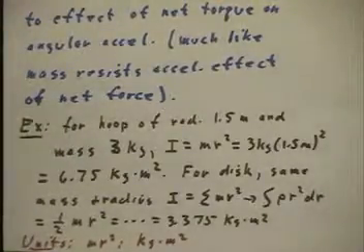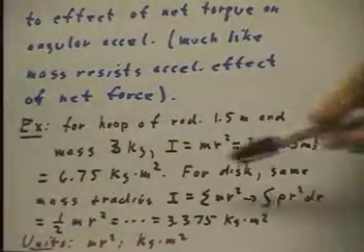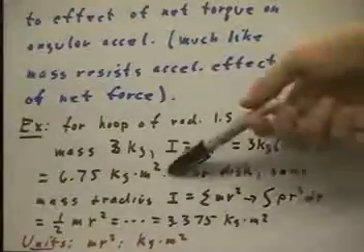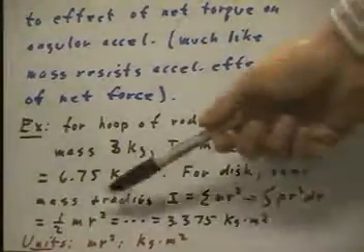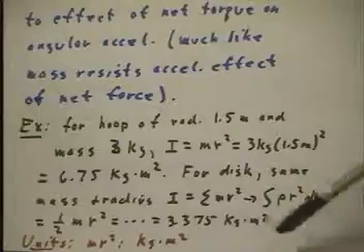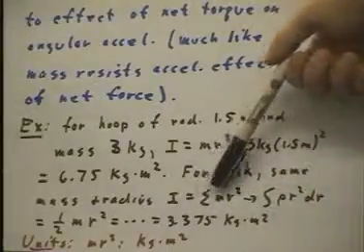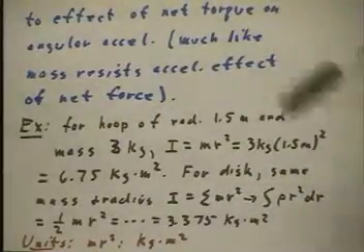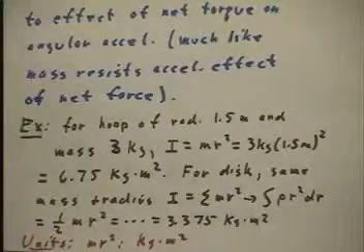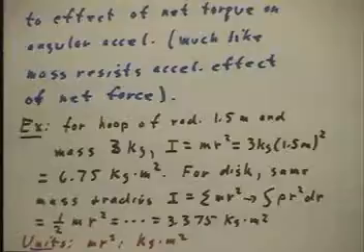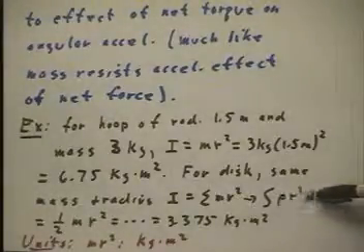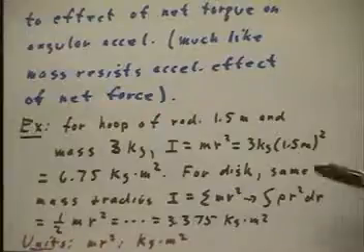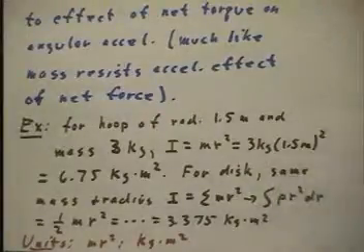And for a disk, well, that's the moment of inertia for a hoop. Now, for a disk, if we have the same mass and radius, the moment of inertia that we get when we add up all the m r squareds, and you remember the approximate calculation we did for that, and then we saw how it went to an integral, and if you're in the calculus-based course, of course, you have to know how that works. We integrate the density times r squared between the center and the outside radius.